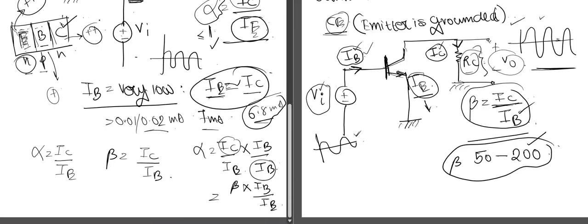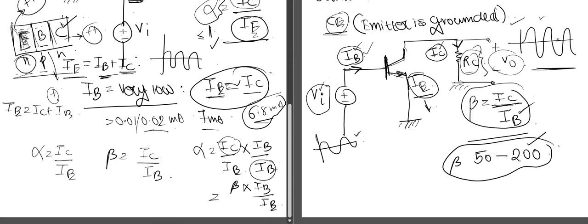Now, as I have explained, the main supplier of the electrons is the emitter. The emitter current is responsible for the generation of both the collector current and the base current, because the collector current is generated by the electrons supplied from the emitter to the collector, and the base current is generated from the recombination of electrons and holes in the base region. So IE is equal to IC plus IB.